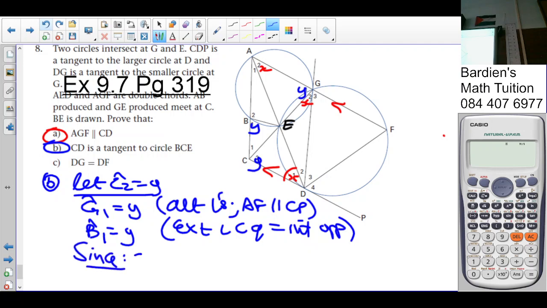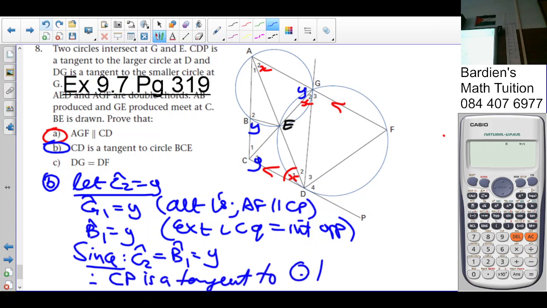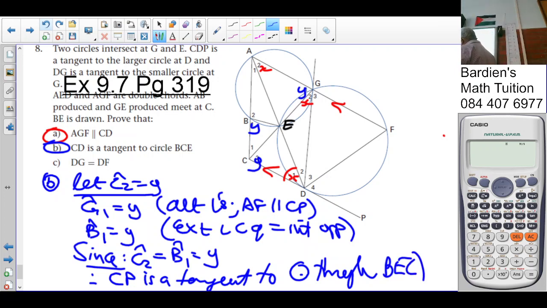Since C2 is equal to B1, which is equal to D1, therefore CD or CP is a tangent to a circle through BEC. Why?